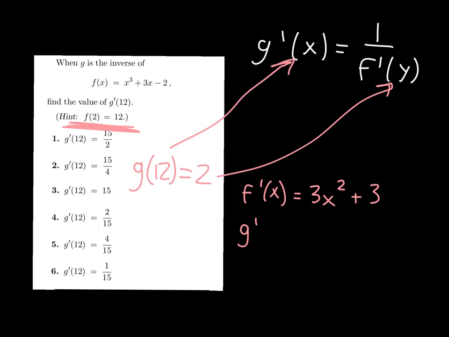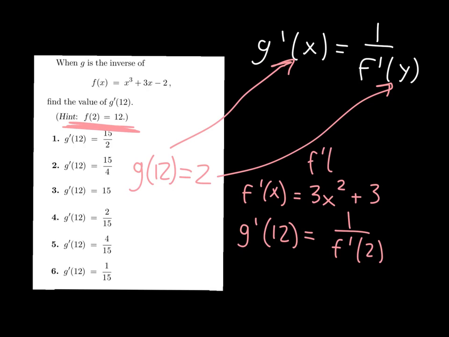So g prime of 12 equals 1 over f prime of 2. And if you didn't hear, we're using this as our y value because g of x equals y. And the x is that x because the inverse just switches the x and y value. So let's plug in 2 into here.